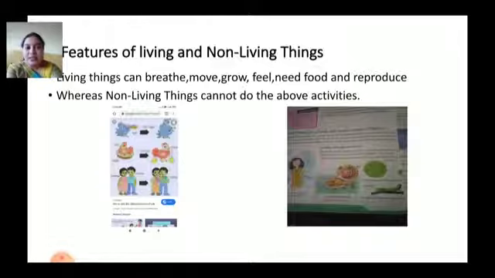In this slide you can see the reproduction process of humans, of hens, and of fishes, towards the left hand side. Towards the right hand side you can see the breathing process.